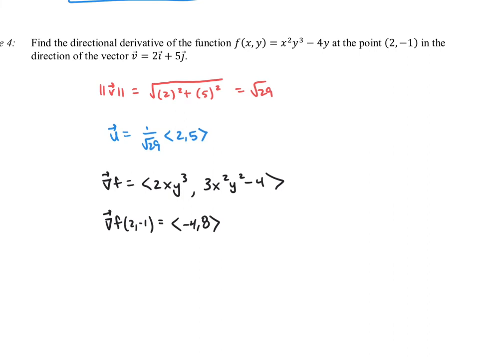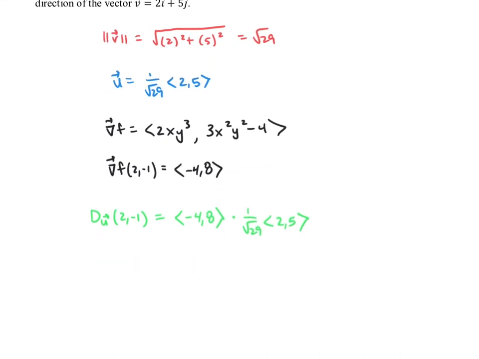We're going to calculate the directional derivative, given all of the information we have now at (2, -1). And remember, that's going to be the gradient vector dotted with the unit vector, which is 1 over square root 29 times (2, 5). So we're just going to multiply our parts.